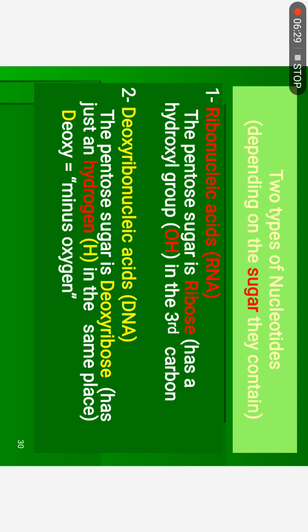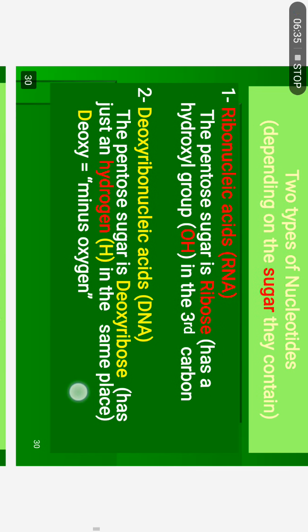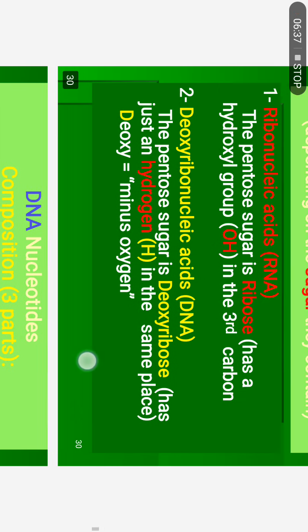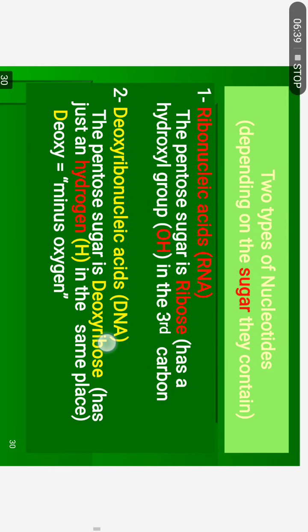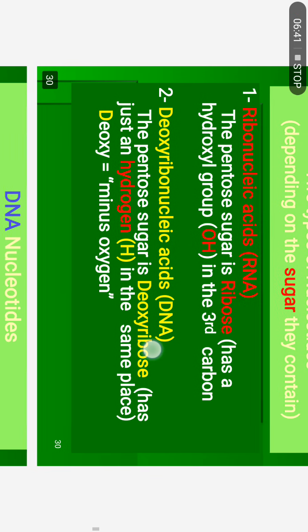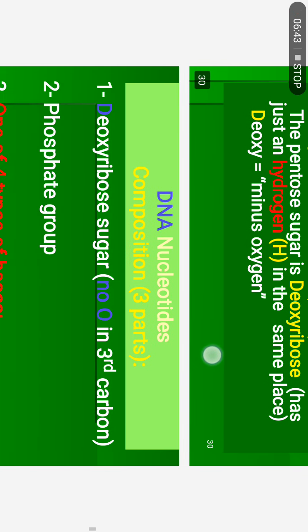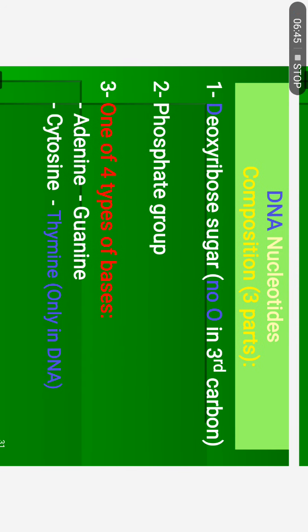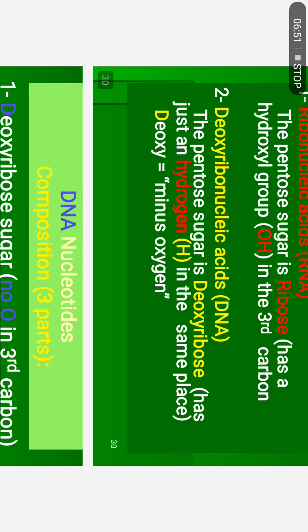That's why we use the word deoxy, meaning the oxygen is missing. So there are two types of nucleotides, or two types of nucleic acid. Next, DNA nucleotides. We have two types, so we see DNA first.